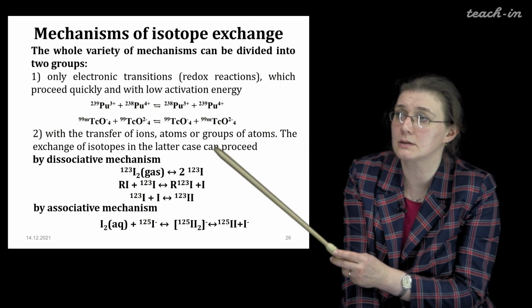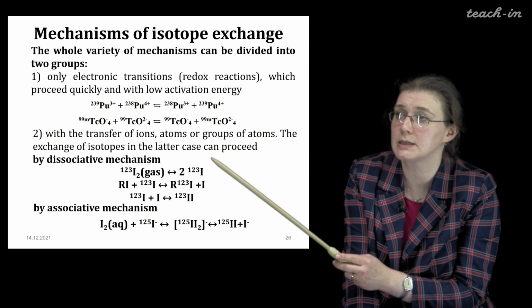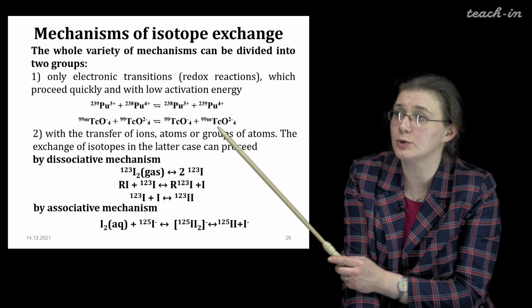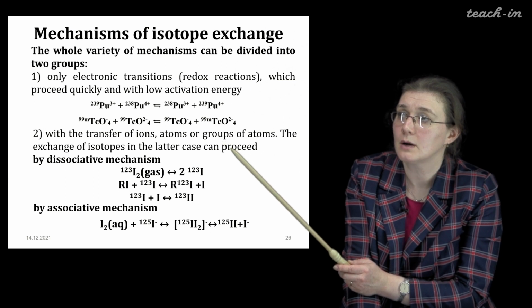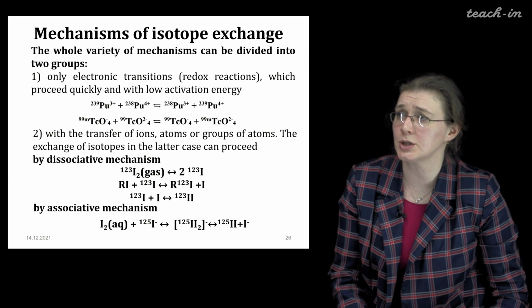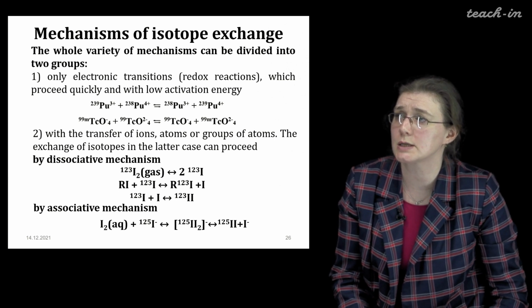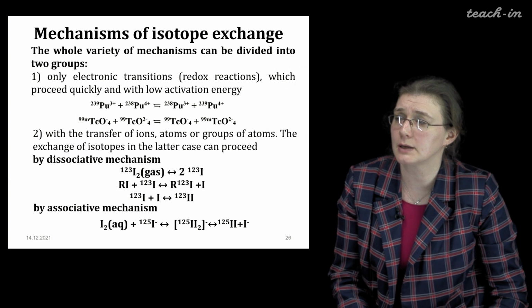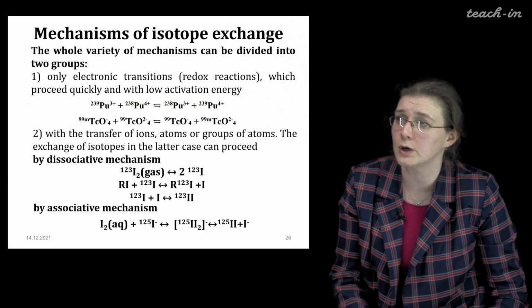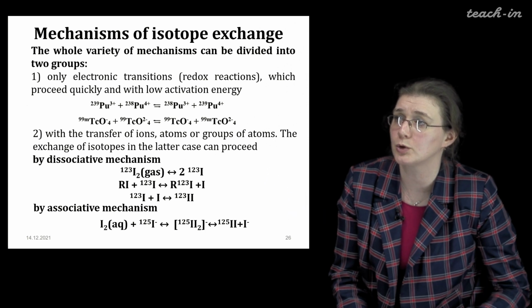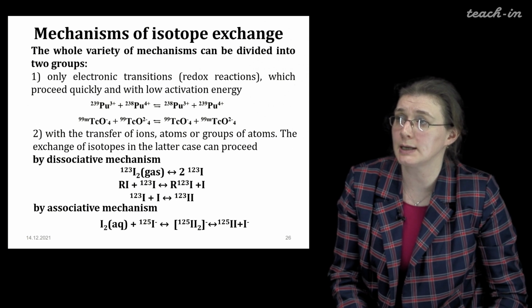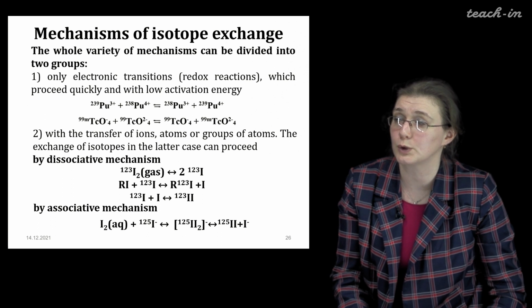pertechnetate with technetium-99, as well as plutonium-239 in the oxidation state +3, which can be subjected to an isotope exchange reaction with plutonium-238 in the oxidation state +4, and in the equilibrium we will have plutonium-238 in the oxidation state +3 and plutonium-239 in the oxidation state +4.